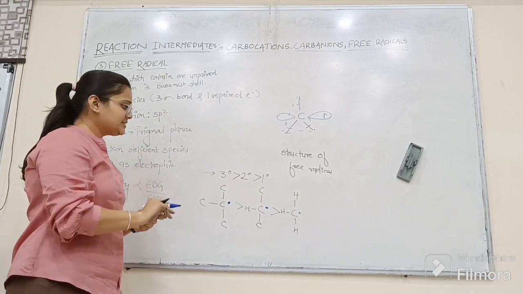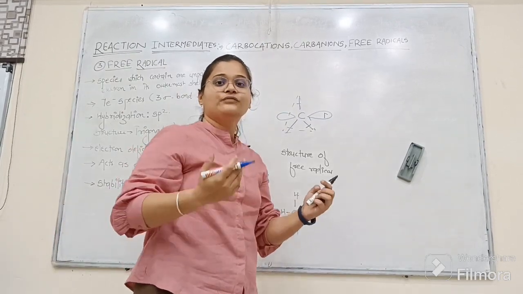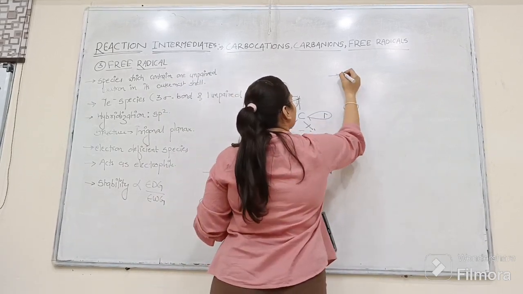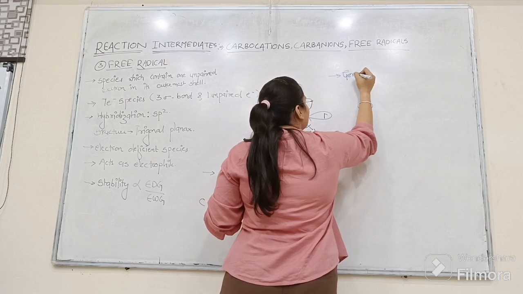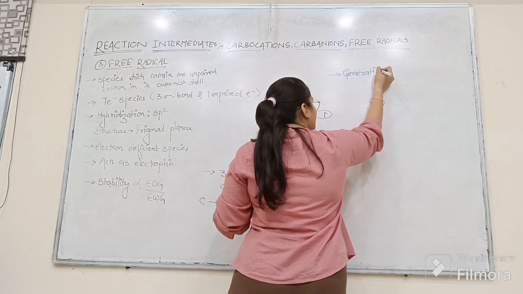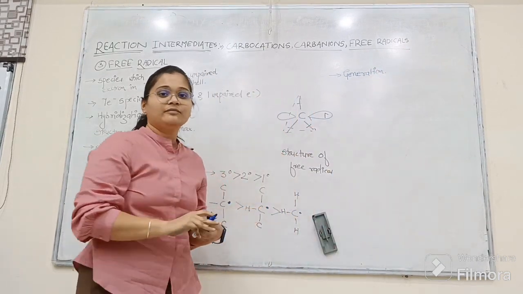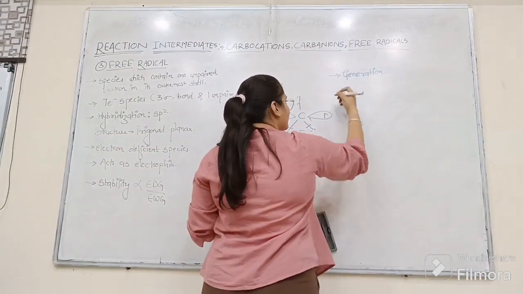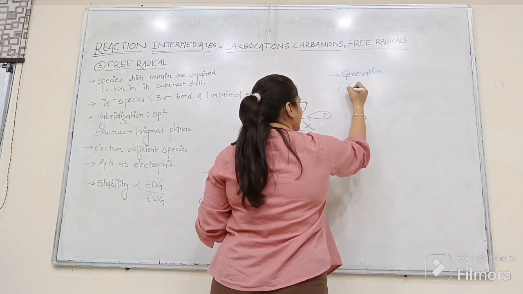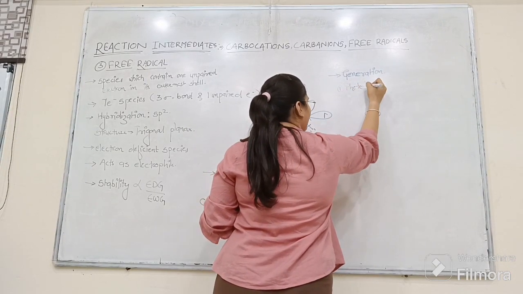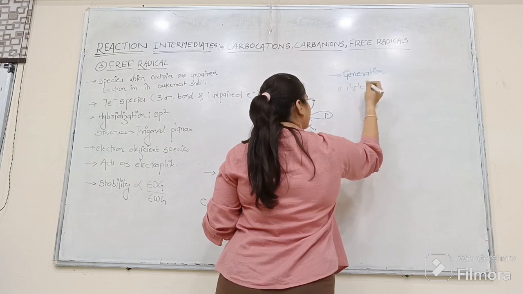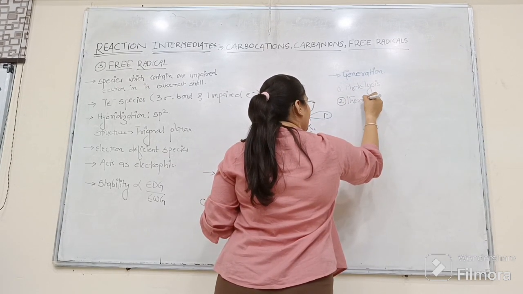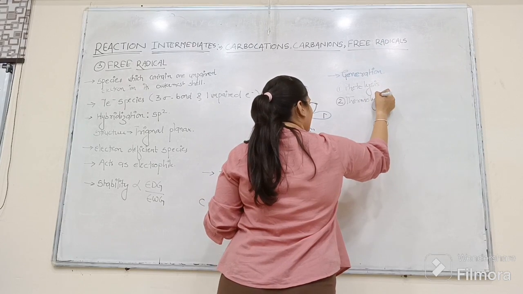Now let's discuss the generation, how free radicals can be generated. Generation of free radicals can be observed in 2 different reactions. The first one is photolysis reactions, and the second one is thermolysis.